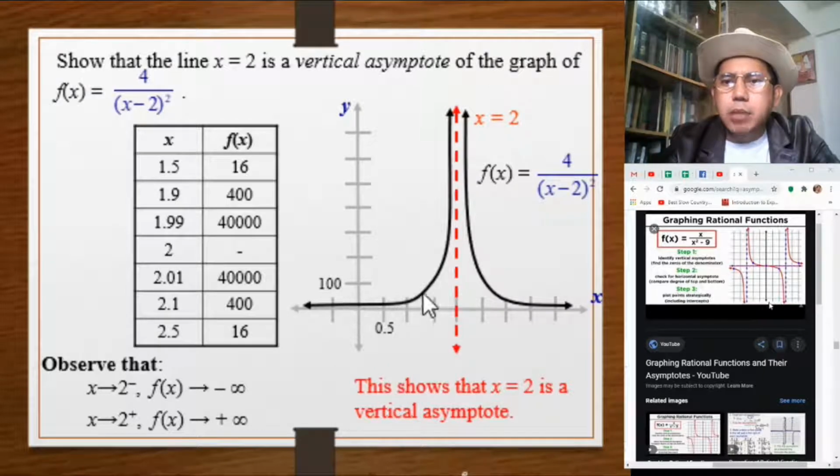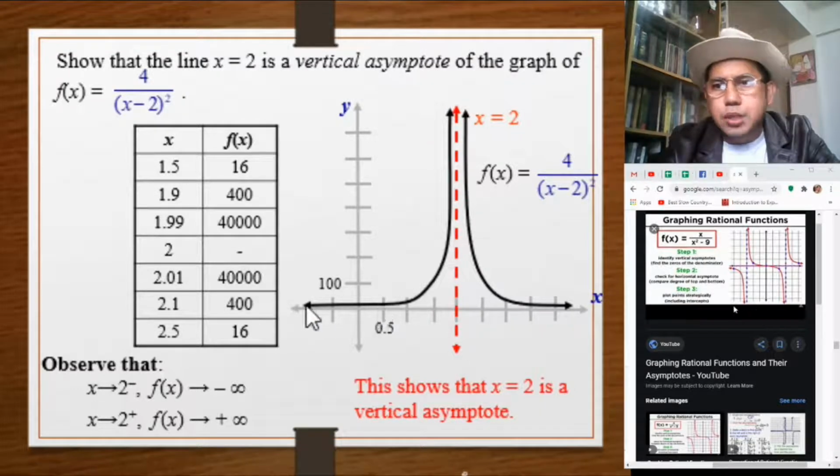Why? Because this vertical line in here is considered to be my vertical asymptote. As the graph comes closer and closer to the vertical line, it will not cross it because this vertical line is considered to be the vertical asymptote of the rational function.